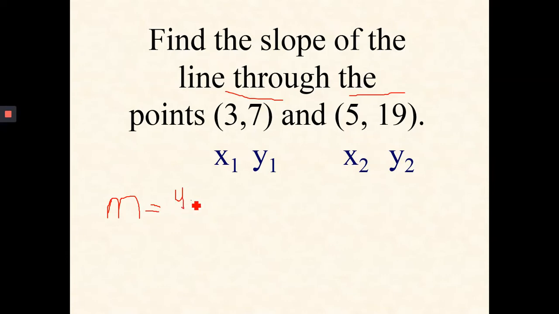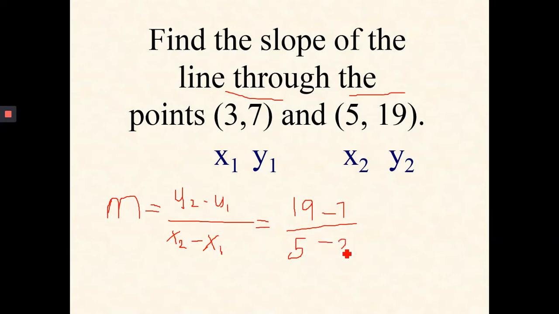You have y sub 2 minus y sub 1 all over x sub 2 minus x sub 1. And then after that, you're just going to substitute the values of those variables. So y sub 2 is equal to 19 minus y sub 1 equals 7 over x sub 2 is 5 minus x sub 1 is 3.